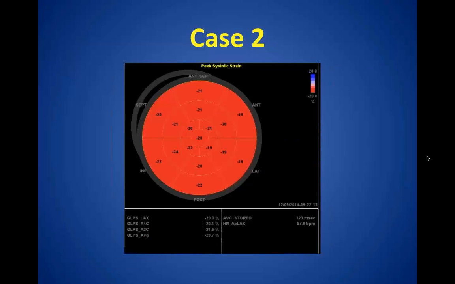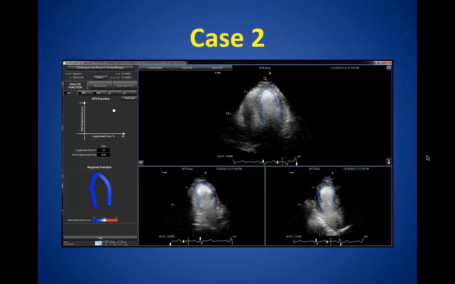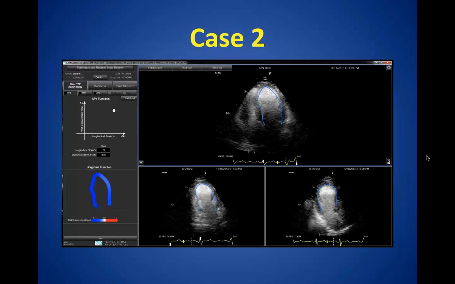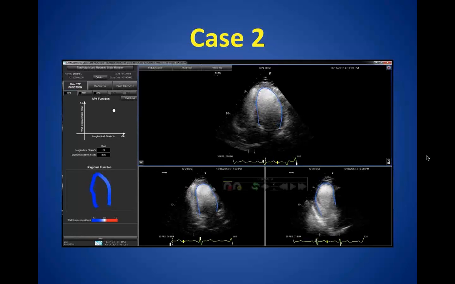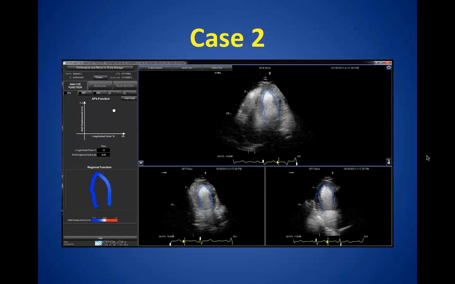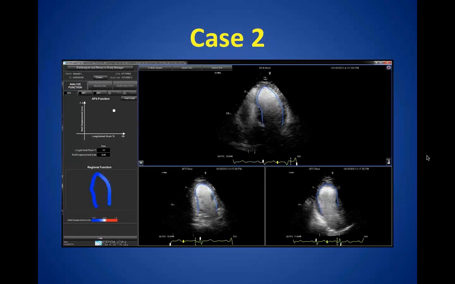And here is the global longitudinal strain for this patient with -21%, as mentioned. Something that is in development is evaluation of strain on patients who have been given contrast to help improve evaluation of the ejection fraction. And so this is something that is in development here.